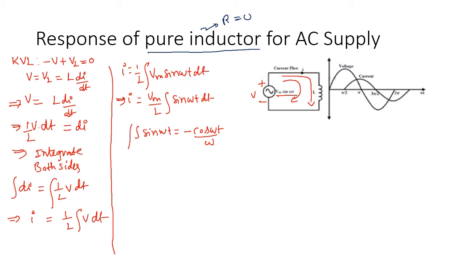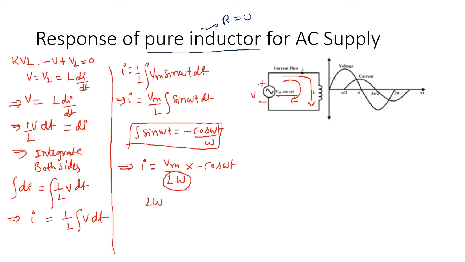Substitute there, so I is equal to Vm by L omega into minus cos omega t, right? Now here L omega is actually the inductive reactance, which I am going to represent as XL.